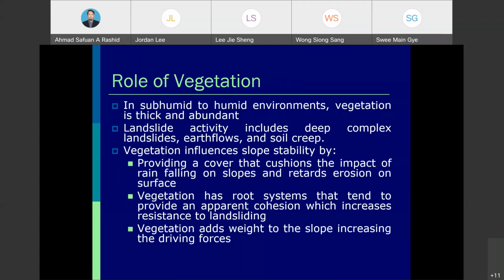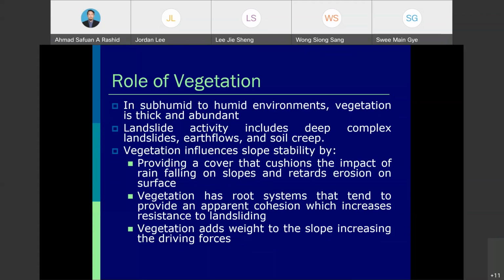Okay. So in subhumid to humid environments, vegetation is thick and abundant. So this is more related to areas that are very humid, for example, Malaysia. Landslide activity includes deep complex landslides, earth flows, and soil creep. Vegetation influences slope stability by providing a cover that cushions the impact of rain falling on the slope and retards erosion on the surface.